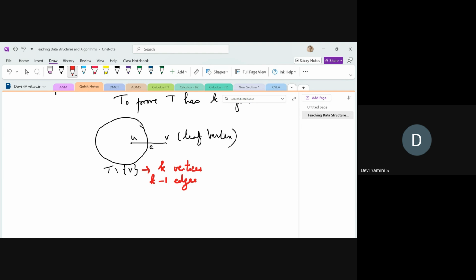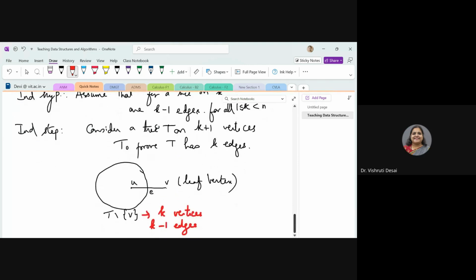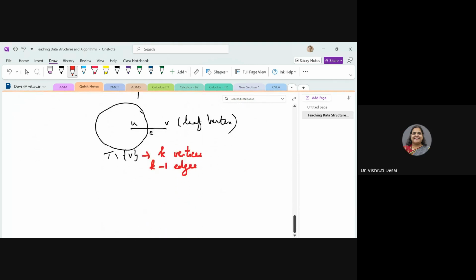Now, how do I prove that the tree T will have k edges? T minus V has k minus 1 edges is now known to us because of the induction hypothesis. Now, what was removed? This edge was removed. Now, if I add this edge, how many edges will be possible in T? You're adding one more edge. Please understand carefully. I'll repeat it.